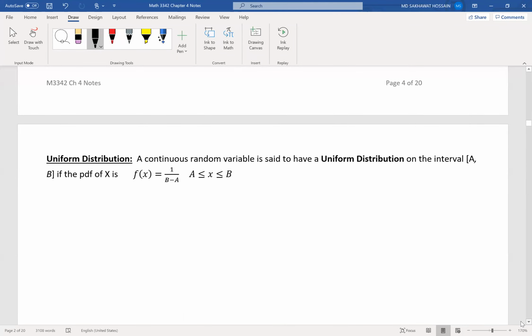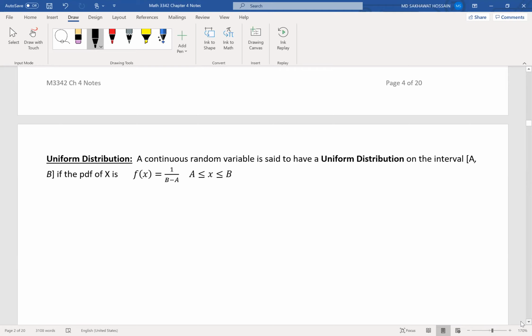In the discrete case, we discussed some specific distributions of the discrete random variable. Similarly, for the continuous case, we will also go over some specific probability distributions for continuous random variables. Uniform distribution is one of the distributions for continuous random variables.